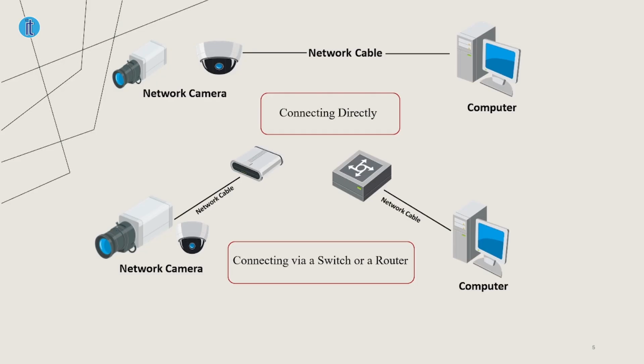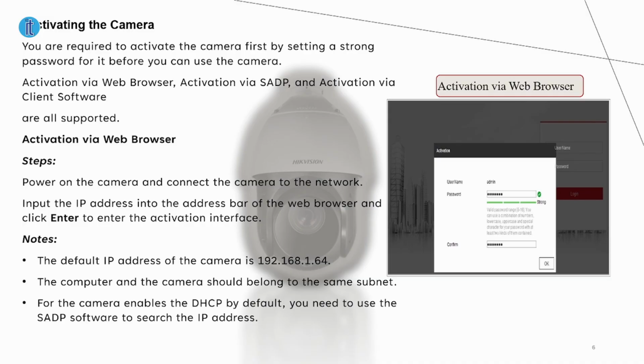Now, for connecting via a switch or a router, you will need to get a switch, a router, and your network cable. I'm going to give you guys a clear understanding on how you are going to do this during our practicals. Now, activating the camera.